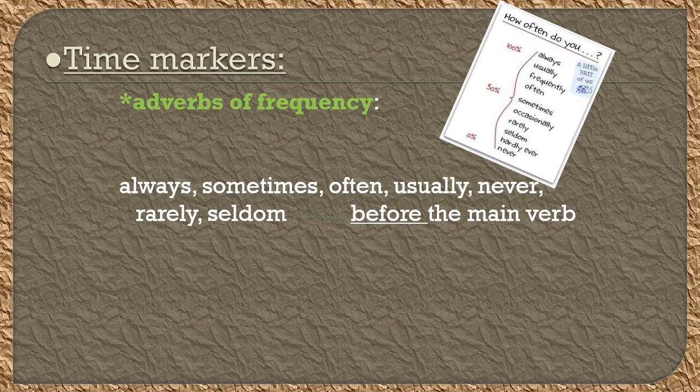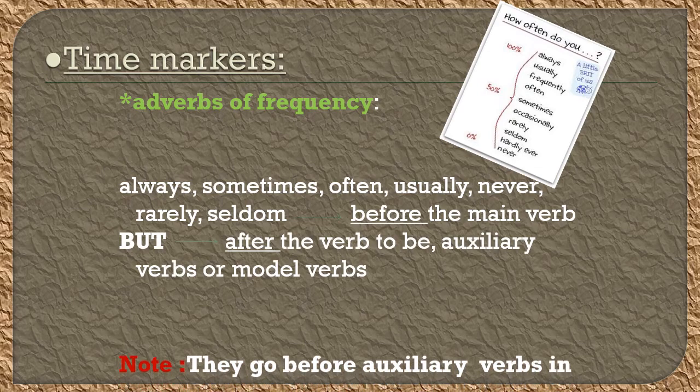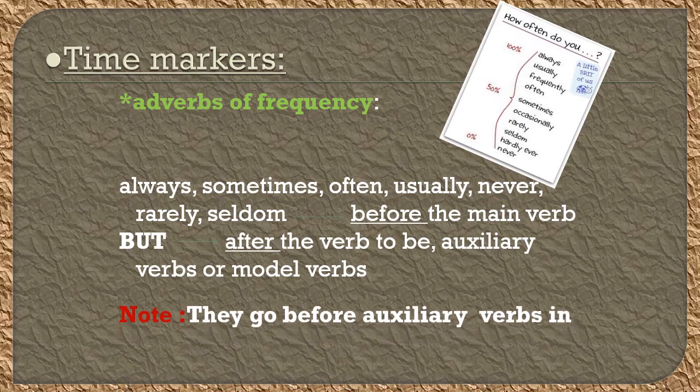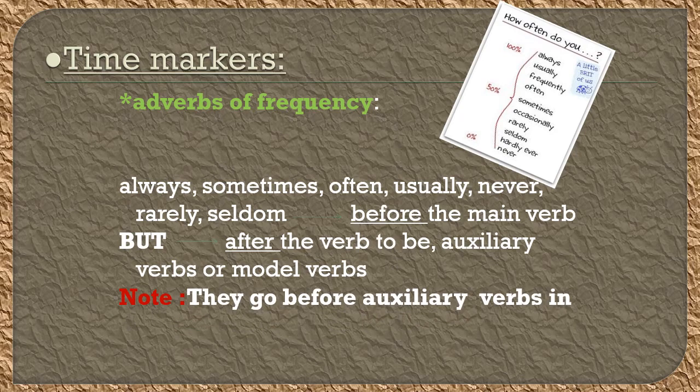We use them before the main verb. They come before any verb except the verb to be. They come after the verb to be, and after auxiliary or modal verbs, but before the main verbs.